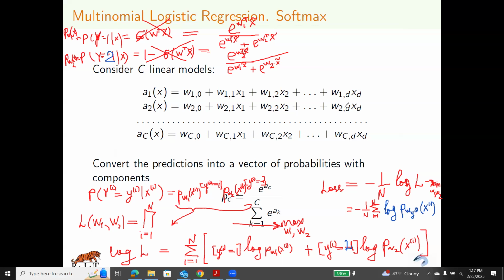Let's say your true label y is 2, then only this bracket will be non-zero. So you can use here index y. And then, instead of this sum, you will get just one term, but the index will correspond to the true label.